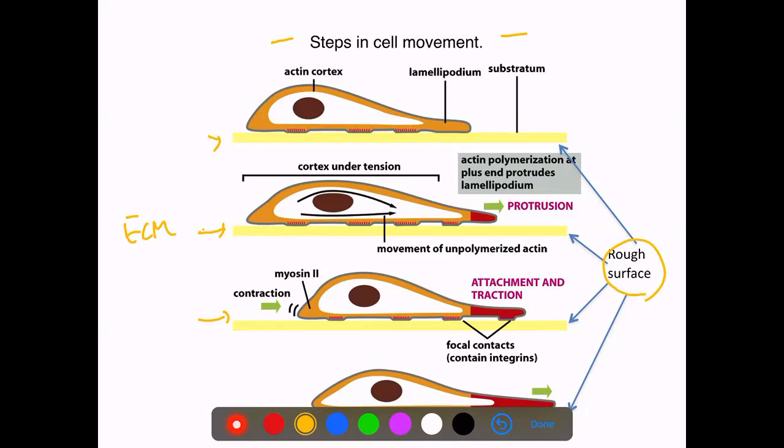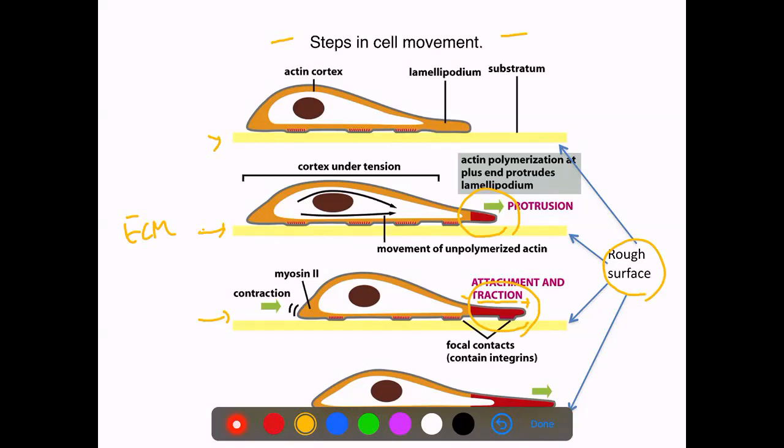And then they move, and at this leading edge area you have a high concentration of actin. So actin polymerization at the plus end protrudes the lamellipodia. So actin is organized in this way, and here is the plus end, minus end. Okay, right. I mean, we learned about it.